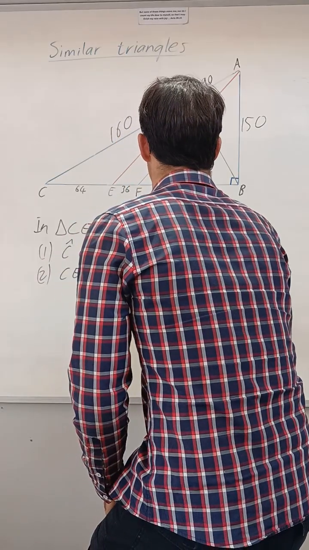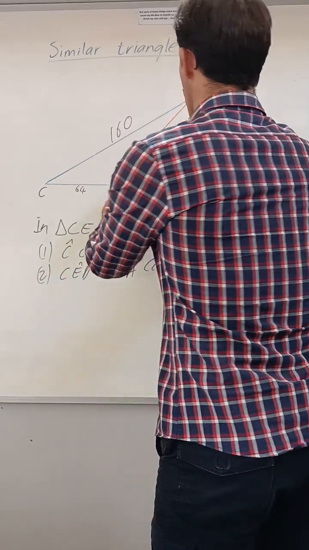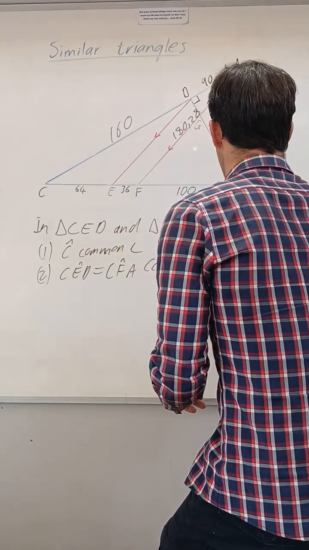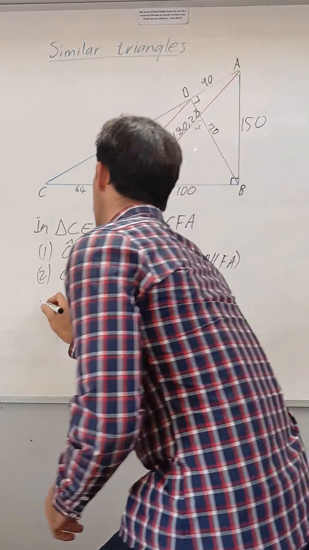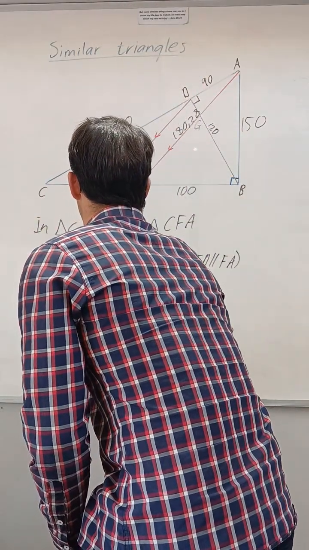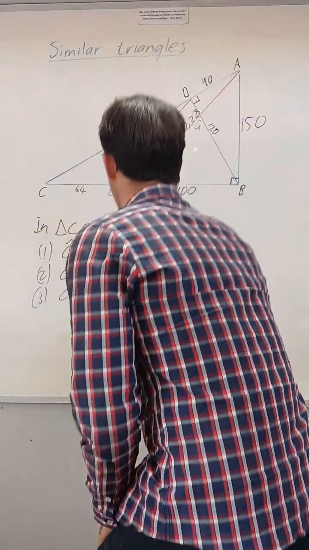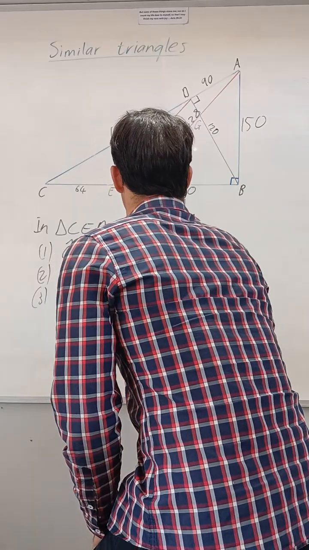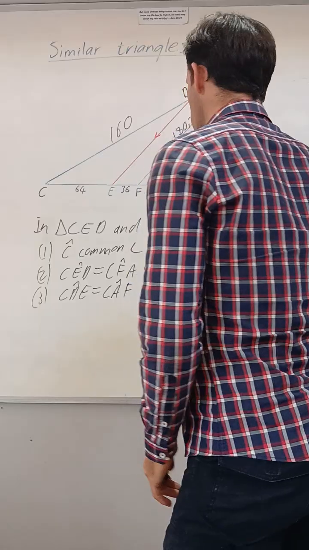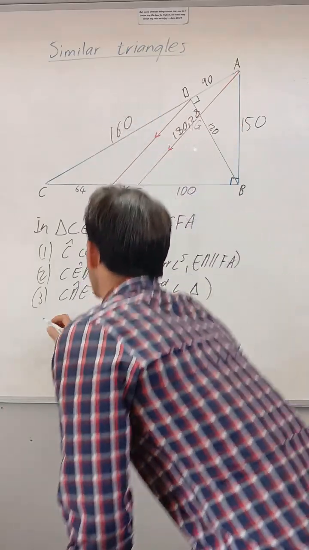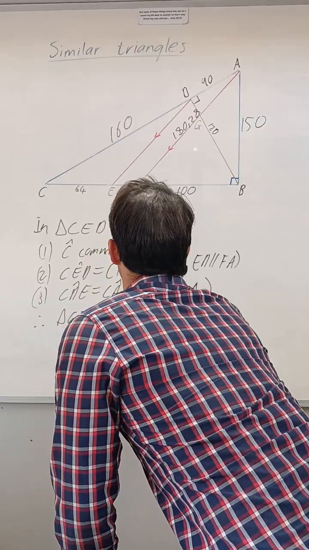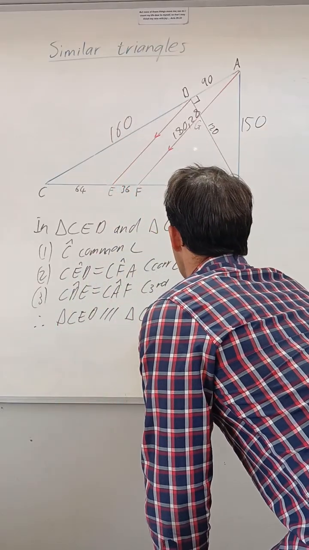Okay, it's corresponding angles because ED is parallel to FA. And then we can obviously say the third angle is equal. So CDE is equal to CAF. Okay, third angle, or interior angles of triangle. Therefore, triangle CED is similar to triangle CFA.